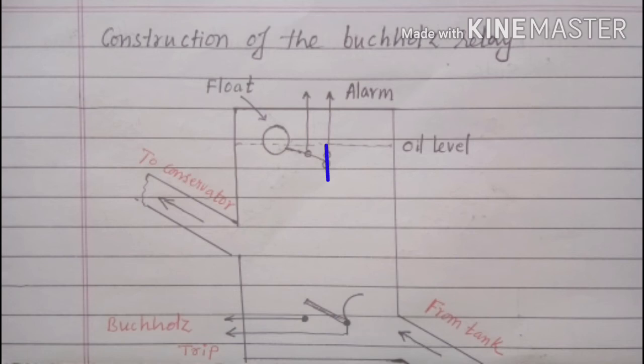Once the associated contact closes, then the alarm starts to blow. The float contact will not issue trip signal to the circuit breaker. A reason for this is immediate turning off of the transformer is not required if there is decrease in the oil level of transformer.